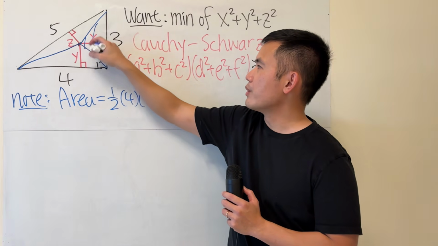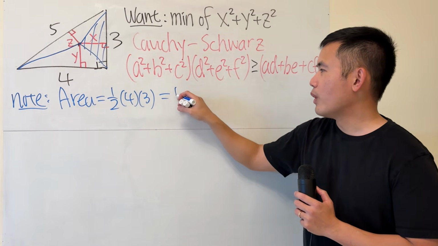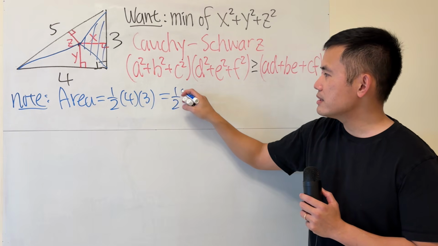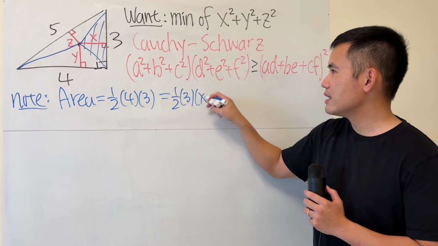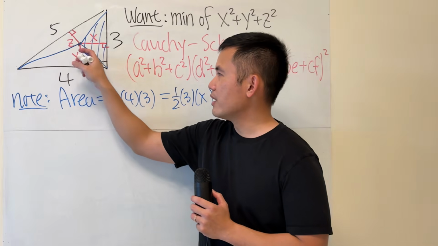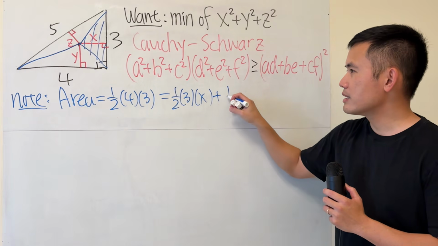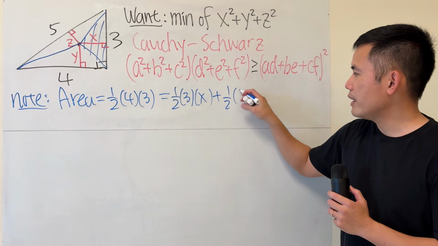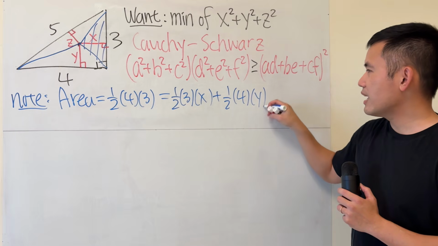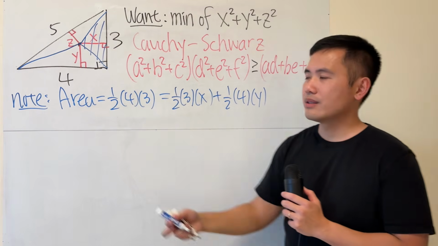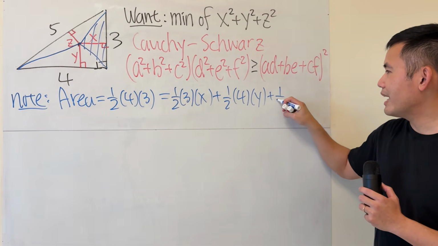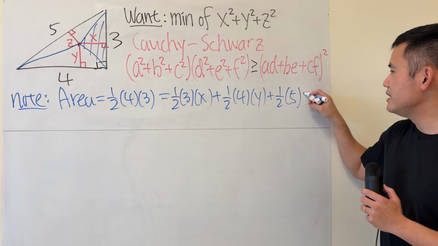For this triangle here, we first have 1/2 times base times height. And then do the same thing for the next one. I'll just put down plus 1/2 and then 4 and then y. And lastly, that, which is 1/2 5z.